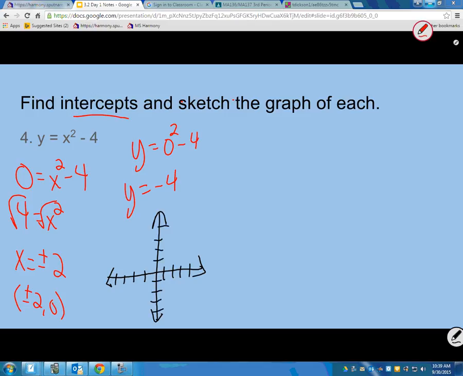I'll even give you graph paper if you want. So we could graph this knowing what we know, just like we graphed the last one. But graphing with intercepts is a great thing because I know it crosses at -2 and +2 on the x-axis. And if you wanted to write this one as an ordered pair, that would be at 0, -4. So I get something like that.